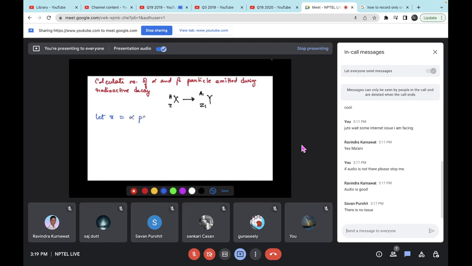So to solve this, let's just say let x be the number of alpha particles, we assume it like that, and y be the number of beta particles emitted in this whole process.